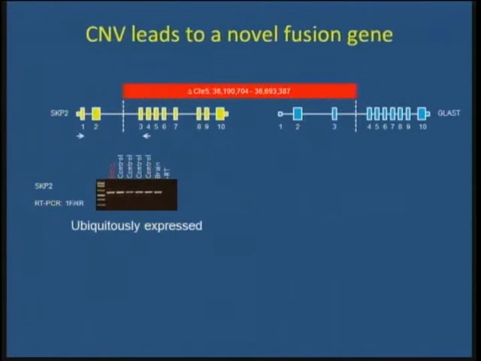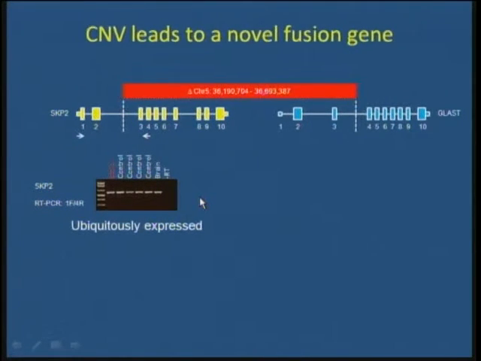So we were fortunate enough to have RNA from whole blood from the schizophrenia patient, and we also had control blood RNA. And the first thing we did was an RT-PCR, reverse transcriptase PCR of SCIP2, amplifying a fragment from exon 1 to exon 4. And you can see it's expressed in the individual with schizophrenia, the RNA, the blood controls, and a commercial source of brain RNA, human brain RNA.